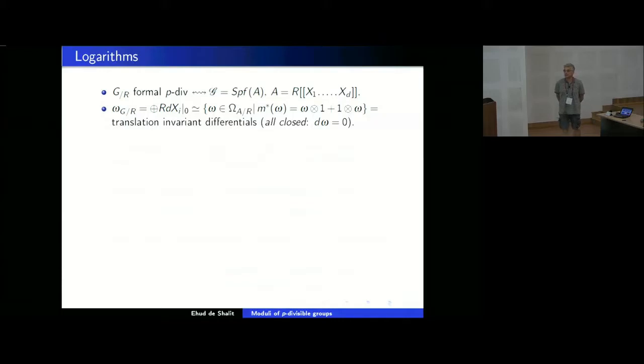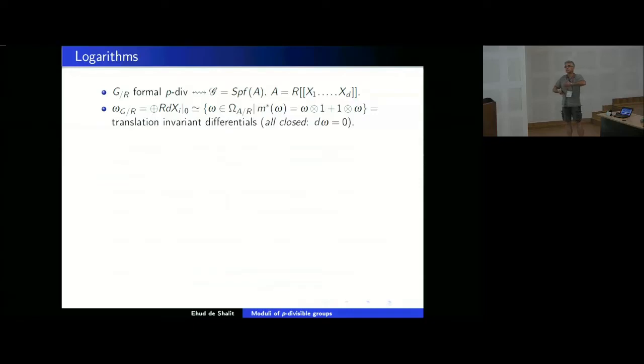So quickly, let's go over logarithms. Let's start with a formal p-divisible group. Its associated formal group I call script G. So it's the formal spectrum of some ring A, which is power series in d variables. And the cotangent space at the origin can be identified simply with a free R-module on the basis dx_i.